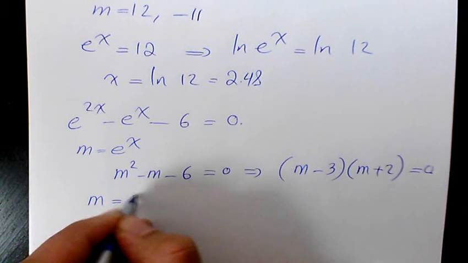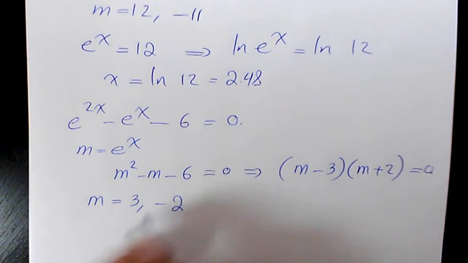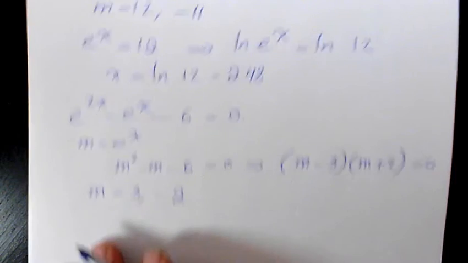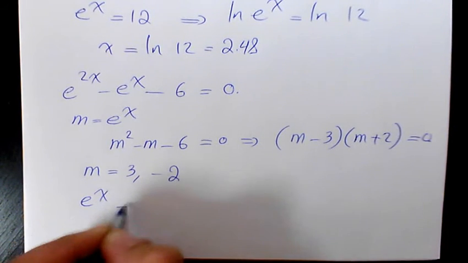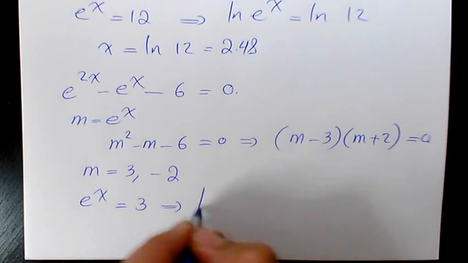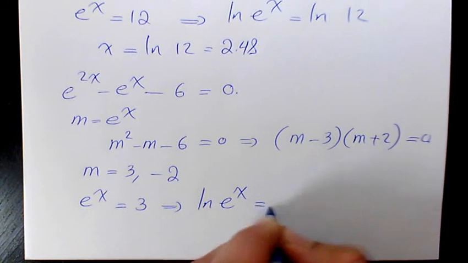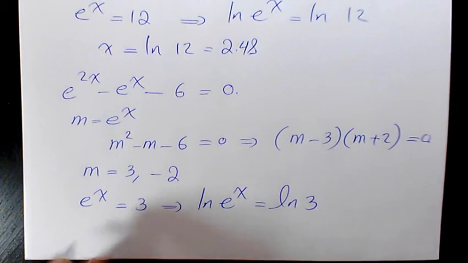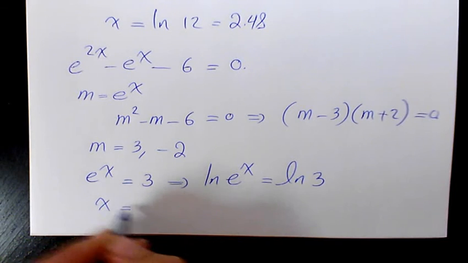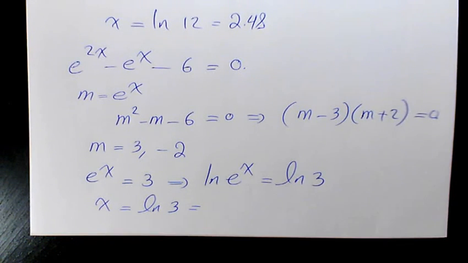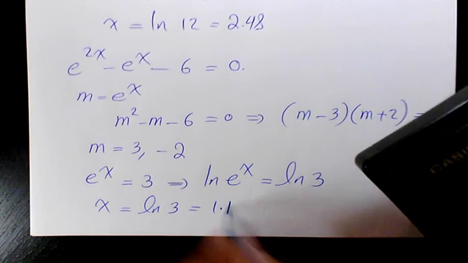So m will be 3 and negative 2. So e to the power of x cannot be negative 2. So e to the power of x is going to be 3. So we have ln e to the power of x equals ln 3. So then it's going to be x equals ln 3. So ln 3 is going to be 1.1.